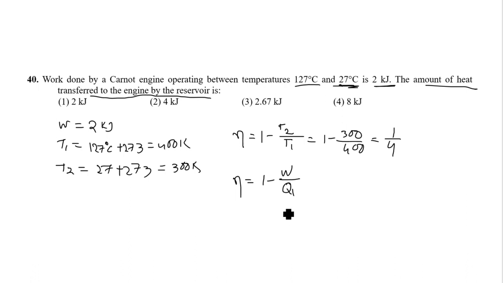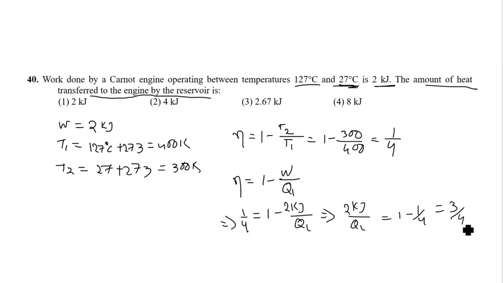Now I put the value of eta as 1 by 4 and work done 2 kilojoule by Q1, which is equal to 1 minus 1 by 4, which is 3 by 4.